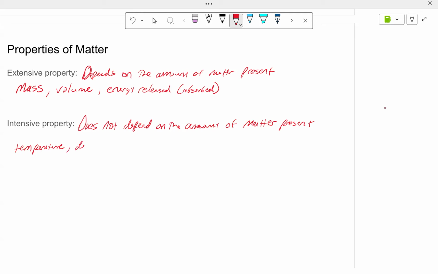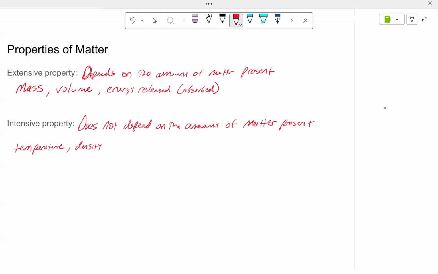Or density. Density, we've talked about in lab. We'll highlight it a little bit later, but density is the ratio of mass to volume. That doesn't change whether you have a little bit of matter or you have a lot. The density of liquid water is always going to be 1 gram per milliliter at a certain temperature. It doesn't matter if you have 1 milliliter of that water or if you have 500 milliliters of water.